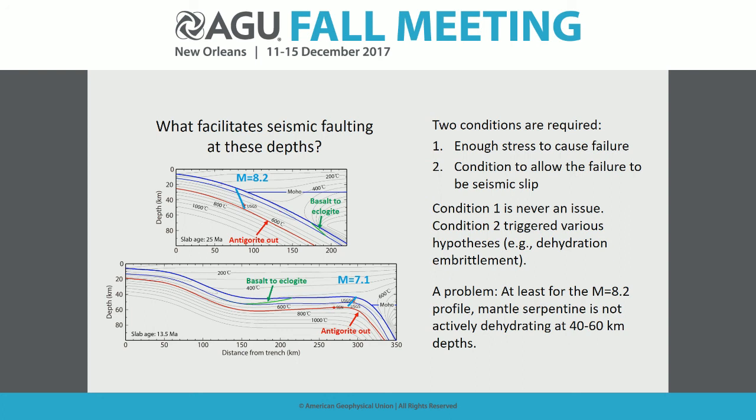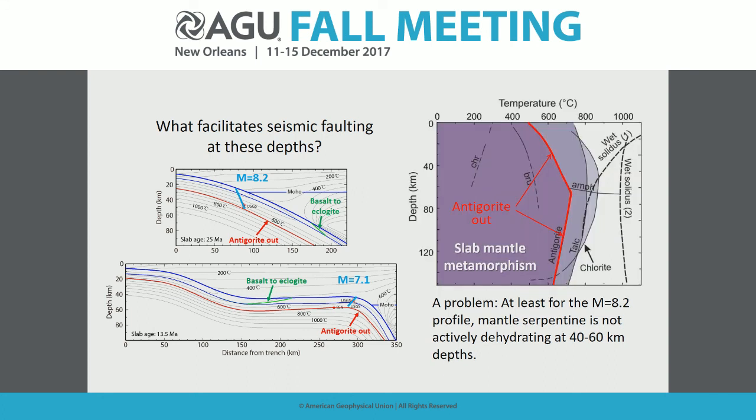If serpentine dehydration is somewhat responsible for that condition, the serpentine is not dehydrating at this depth range. So we do have a problem, and a better illustration is this. I showed this one, right? It's slab mantle metamorphism, and that's the dehydration boundary of antigorite. And I also showed that for a warm slab, it basically follows this kind of path.